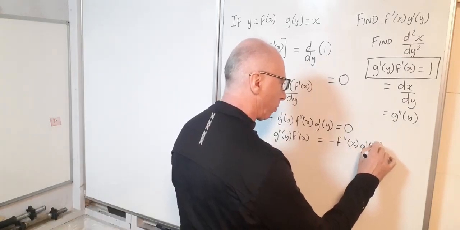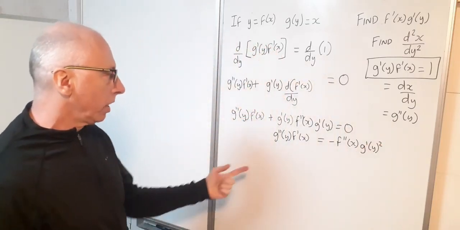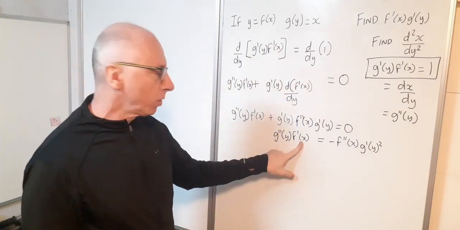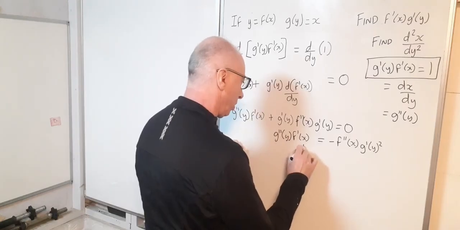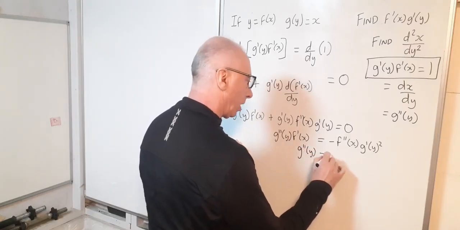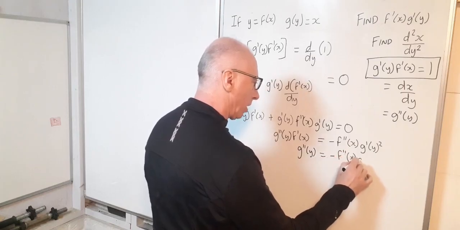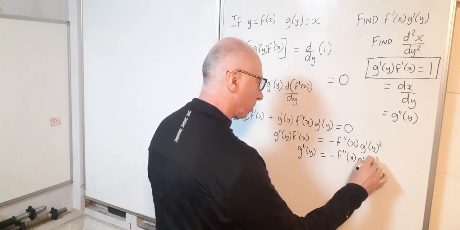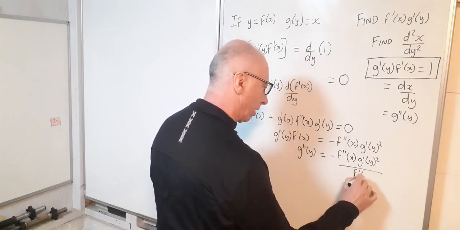So that's that. Now to get this on its own, just divide both sides by f prime of x. So now I've got g double prime of y equals negative f double prime of x, g prime of y squared, all over f prime of x.